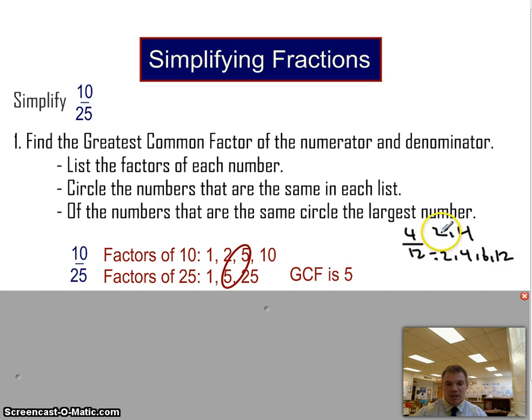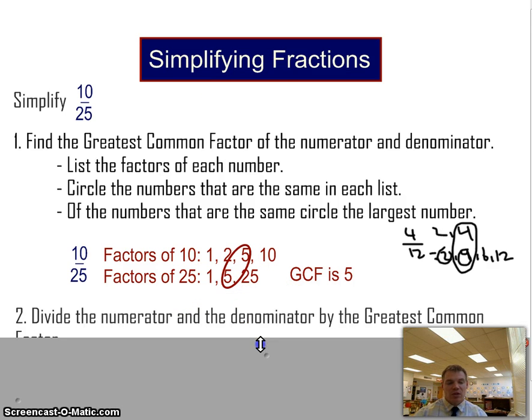Notice these are the ones they have in common. The 2's are in common with both, and the 4's are common with both. But again, you're going to circle the largest number. Well, that's why it's called the greatest common factor. You're finding the biggest factor they have in both, which is the 4. In the problem you did, the greatest common factor in this case is 5, so you would have circled 5.